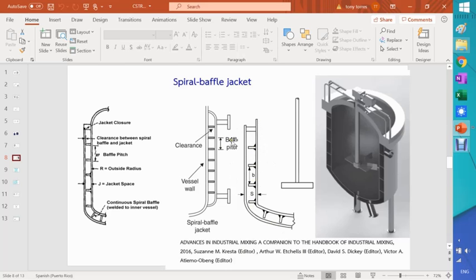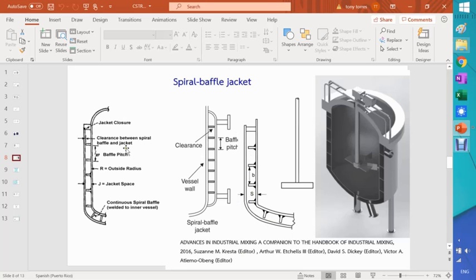So when the flow goes inside the jacket, it has to go through this little clearance space, which allows good mixing, and there's not going to be any short circuit between when it gets in and eventually when it comes out. Having this spiral improves a lot the heat transfer coefficient for the jacket side.